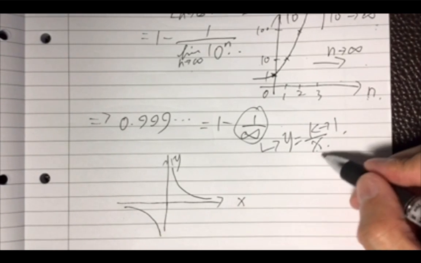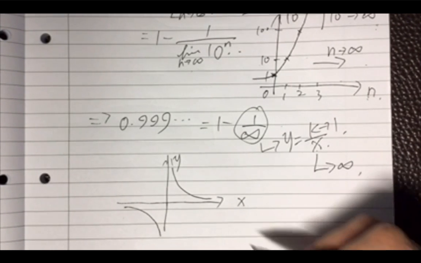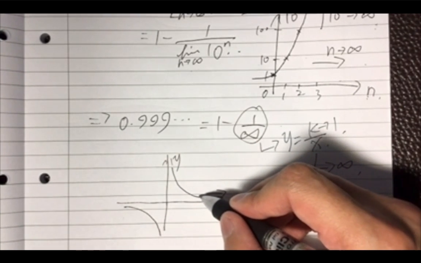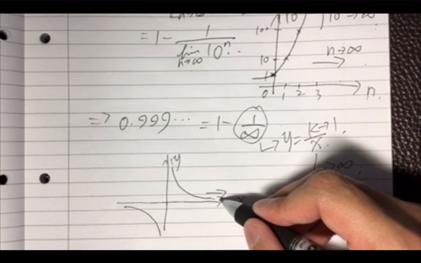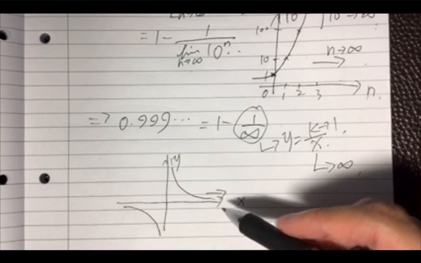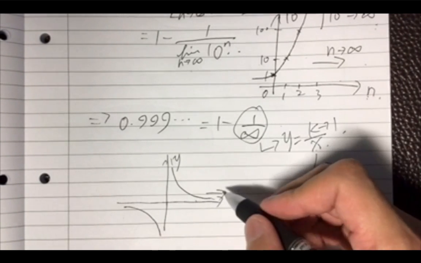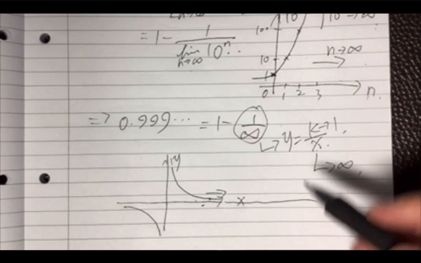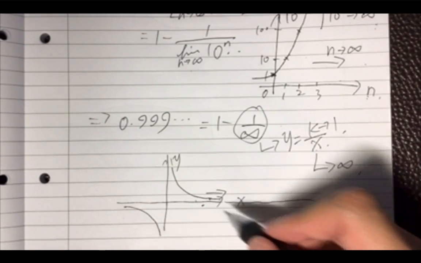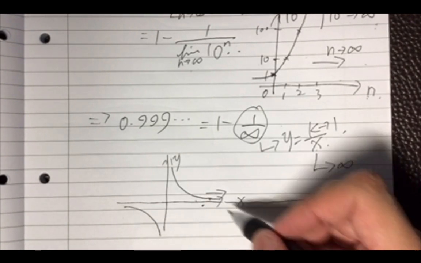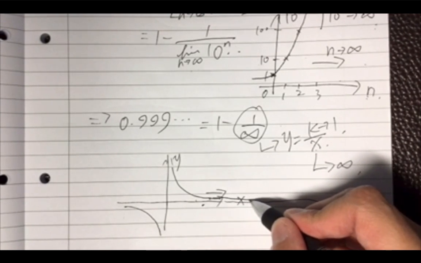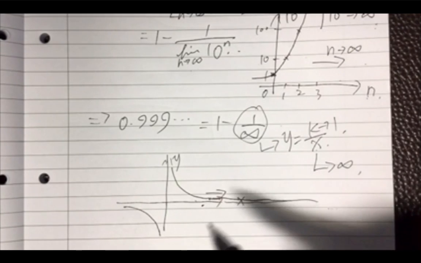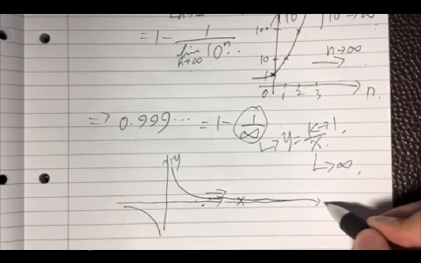When x goes to infinity, which means all the way to there, this curve has a tendency of approaching the x-axis all the way as it extends to infinity. It gets nearer and nearer, but never intersects with the x-axis.